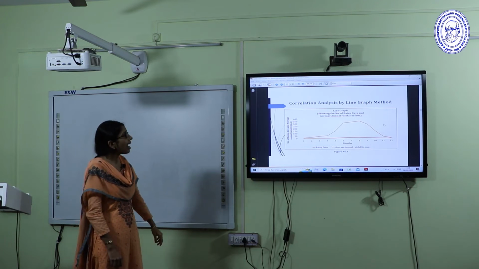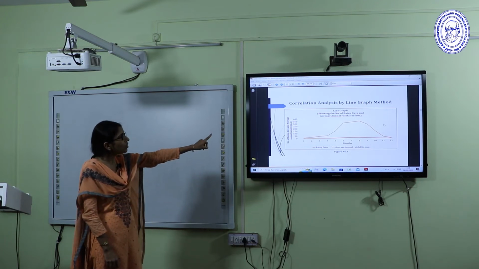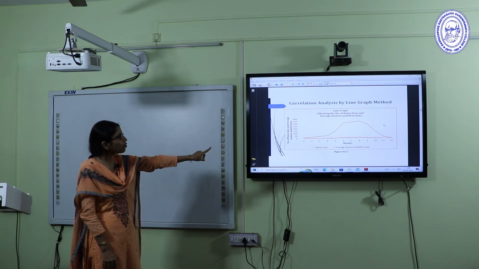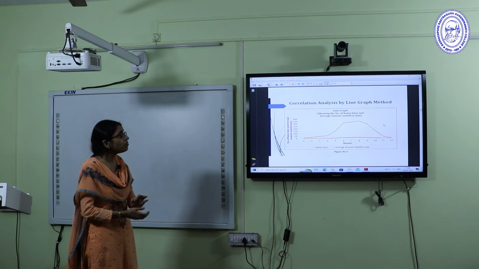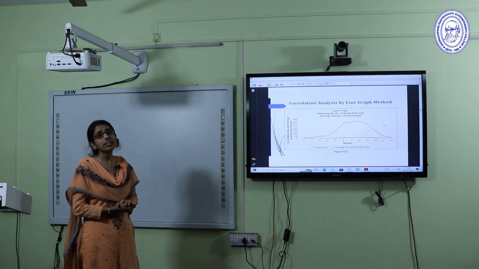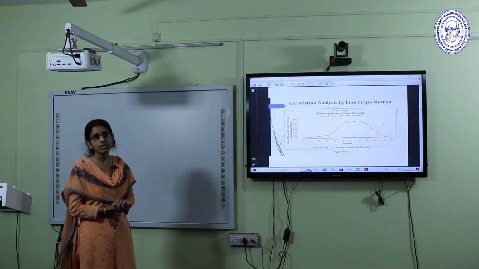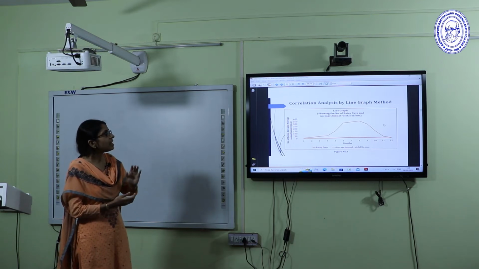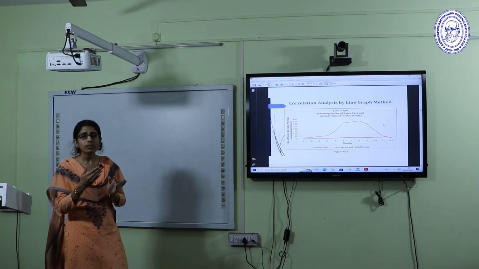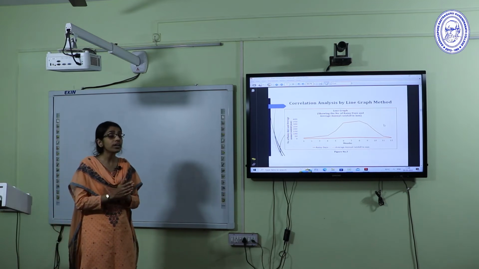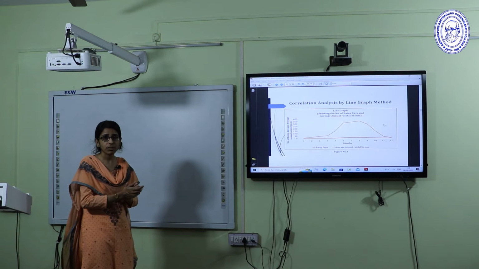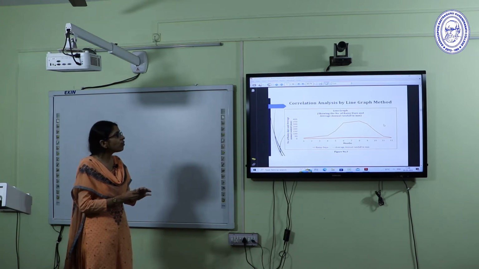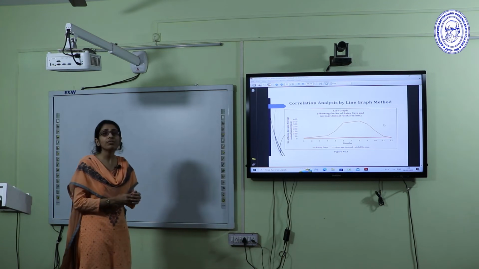And you can see that the orange color curve and the red color curve show the average annual rainfall in millimeters and the number of rainy days respectively. So, if we want to show the correlation between two variables in a single graph at a glance, then we may draw this kind of line graph.